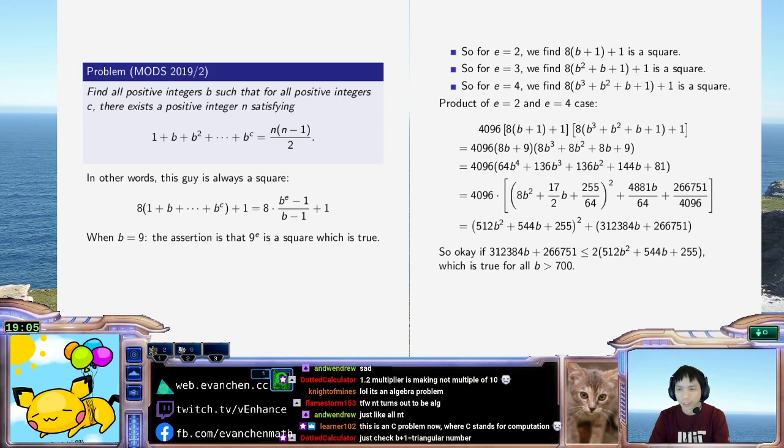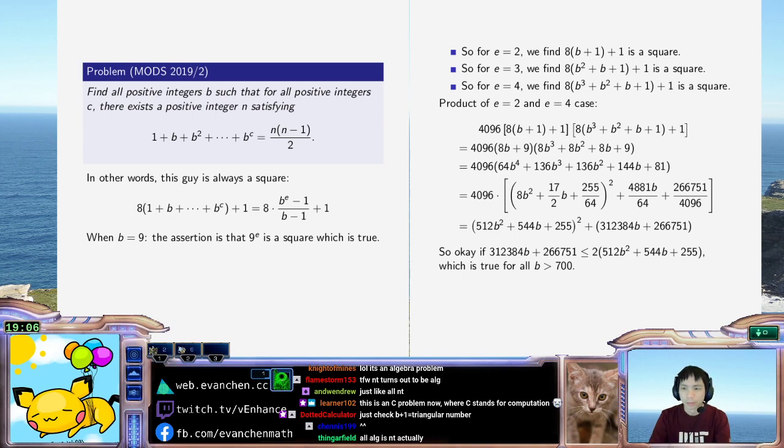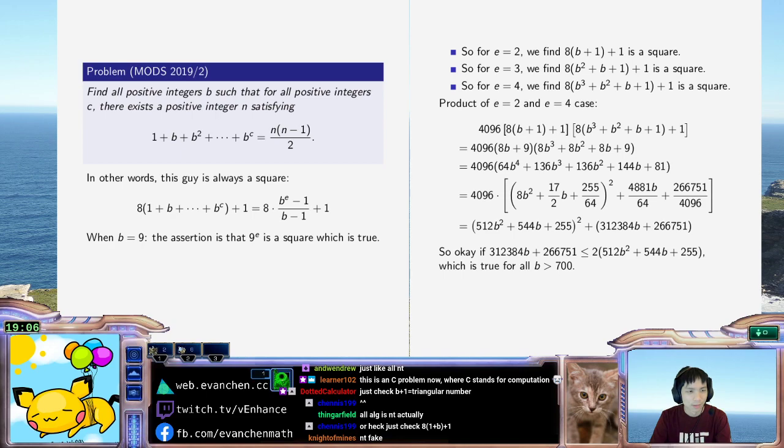So, we know that b is like... From e equals 2, candidates are b equals... Oh yeah, b should be 1 less than a triangular number.